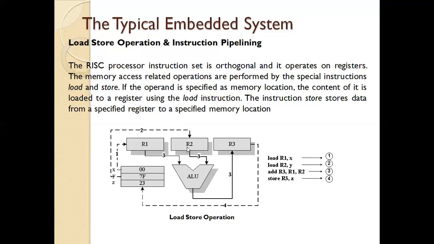The contents of R1 and R2 are added and given to the register R3. After this, R3 is stored into Z. So the result of the addition of R1 and R2 is saved back into the memory location pointed to by Z. This is how a simple load store operation is performed in the processor or the controller.